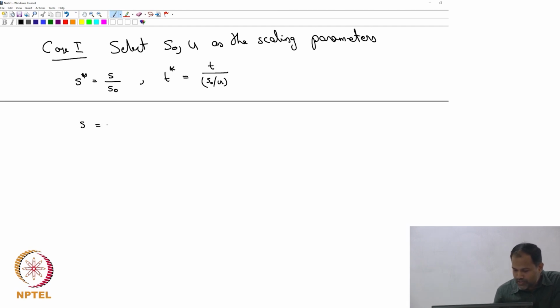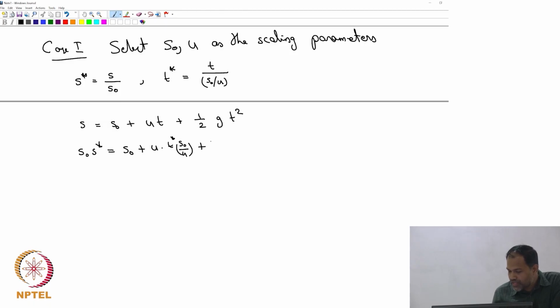So our original equation was S is equal to S0 plus UT plus half GT square. I try to non-dimensionalize this equation by substituting S is equal to S0 S star is equal to S0 plus U into T, which will be T star times S0 by U, plus half G, T square is T star into S0 by U whole square, or taking away my S0 from all of them.